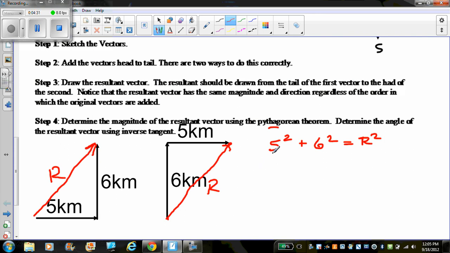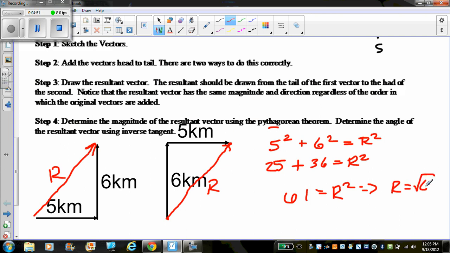So when I add these, I have 25 plus 36 equals r squared. 25 and 36 is 61, so 61 equals r squared. So r equals the square root of 61, and then my unit on this would be kilometers. So there's the length of my vector.